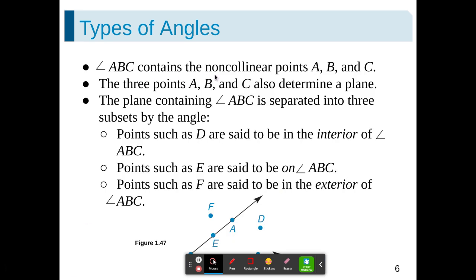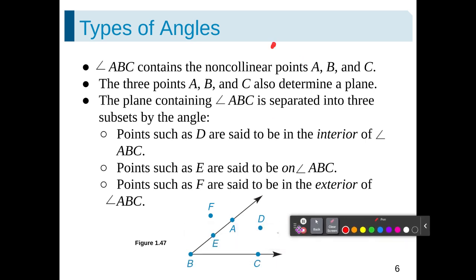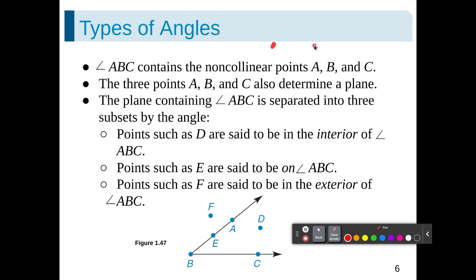Angle ABC contains the non-collinear points A, B, and C. They're not on the same line because they form an angle. The tricky part about this is that if I had A, B, and C, and that formed a straight line, that could be called a straight angle also, just as a little compromise to that.